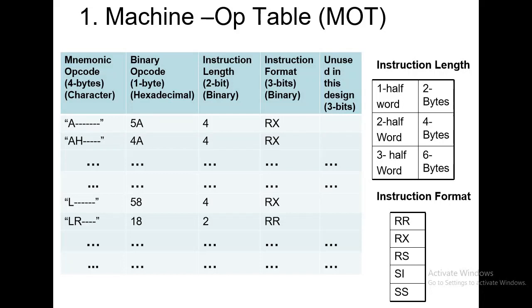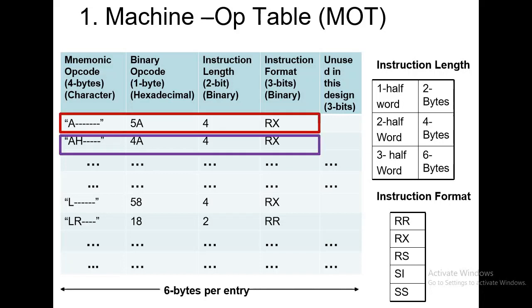After that you have to assume some hex code for that particular mnemonic, then the length of an instruction, and the final one is the format of an instruction. Instruction format contains 5 types: RR, RX, RS, SI, SS. Mostly in our syllabus, the RR and RX types of instructions are specified. This is the structure of the MOT.